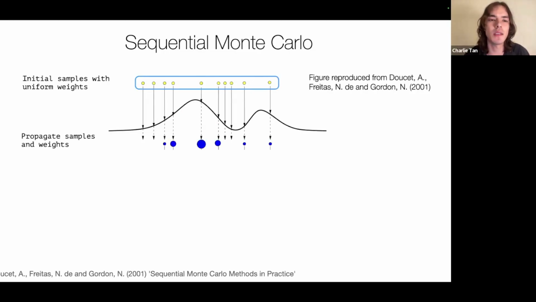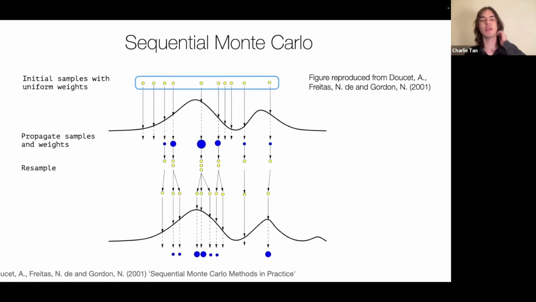It's a little hard to see that the samples have moved to the left or the right, but it's very easy to see that the weights have changed: whilst all the dots were the same size, they're now different sizes. You then resample, which effectively means the bigger weight samples are likely to have multiple copies made. Then if you propagate in a stochastic way, the 3 points in the same place propagate to different places, and you update the log weights, and the procedure proceeds.